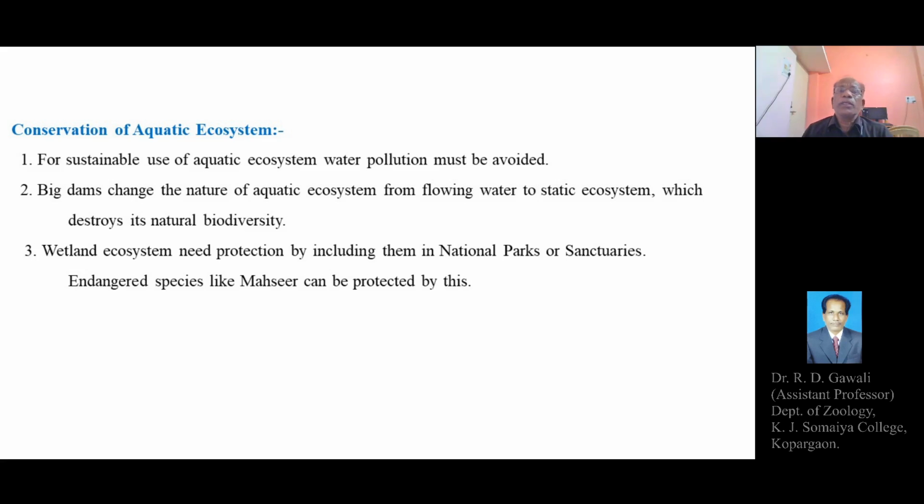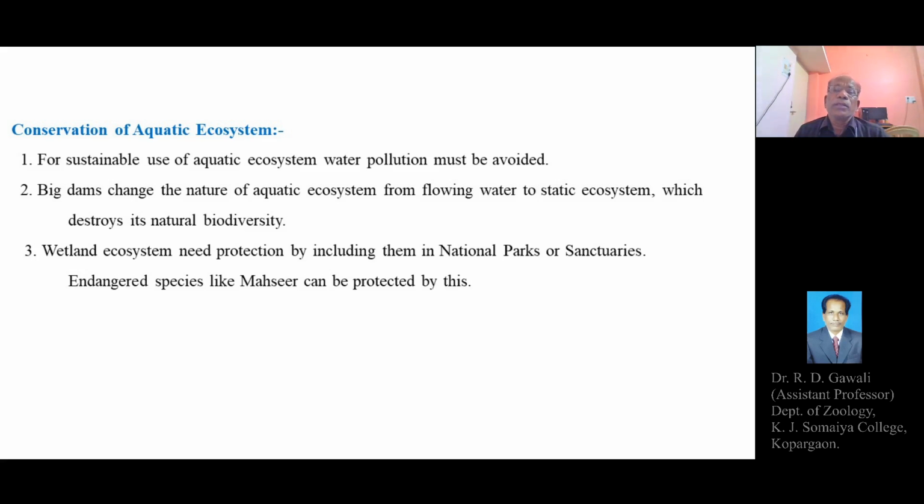Conservation of the aquatic ecosystem for sustainable use, which means continuous use, requires that water pollution must be avoided. So we'll have to avoid water pollution.